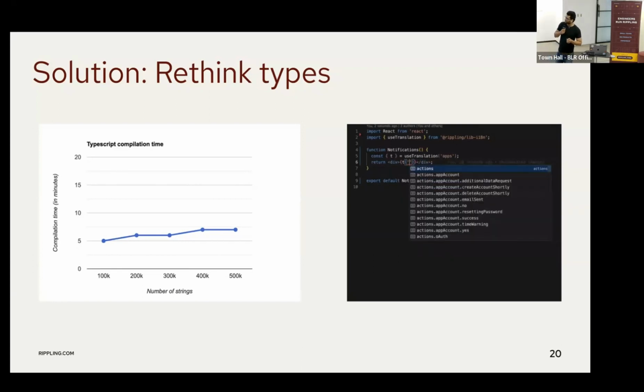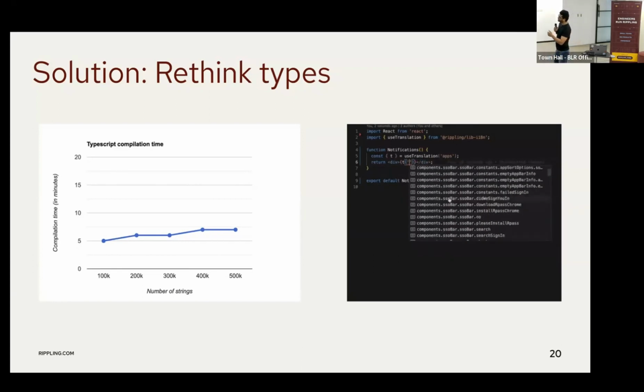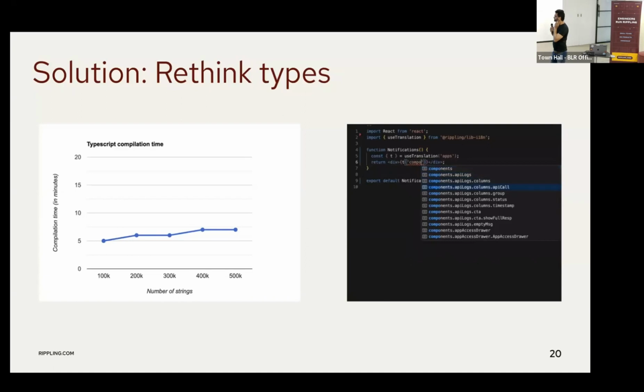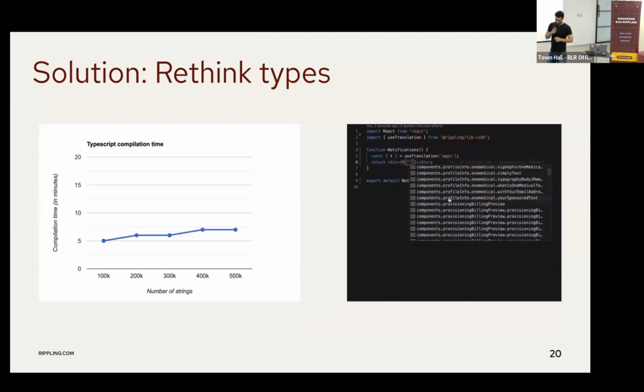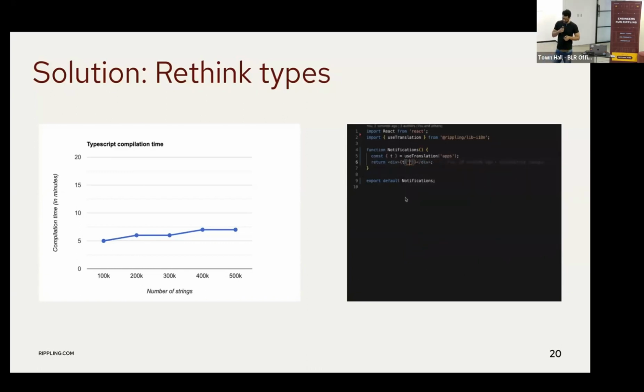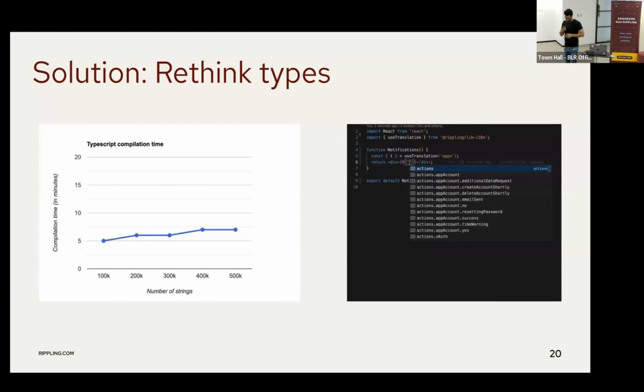We had a script in place which pre-generates all these possibilities, and then we give it back to the library. So now you can see how smooth our IntelliSense is working. This helped us take our compilation time back to normal, and the IntelliSense was very great. It is now giving IntelliSense for more than 1,000 keys, which was really helpful.